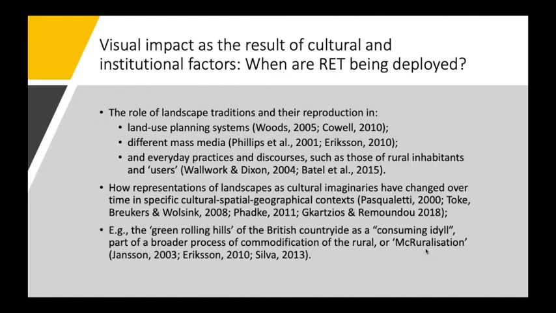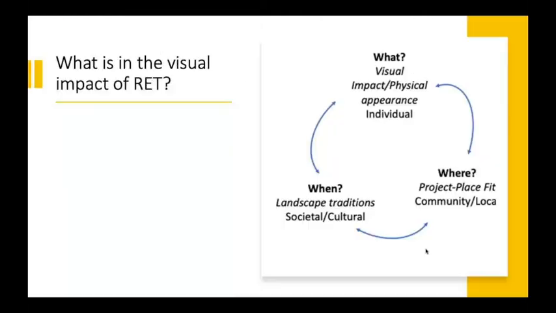One example is the British countryside, and all the research that has shown how this kind of cultural representation or imaginary of the British countryside is one of the main reasons for people to perceive renewable energy technologies as visually menacing the essence and the characteristics of that British countryside.